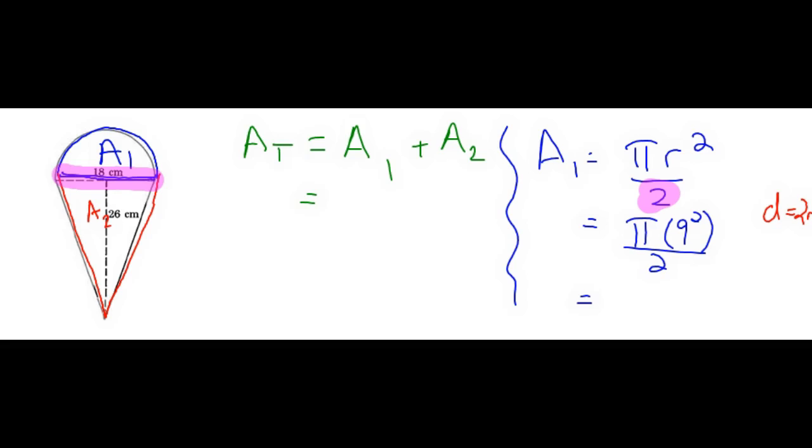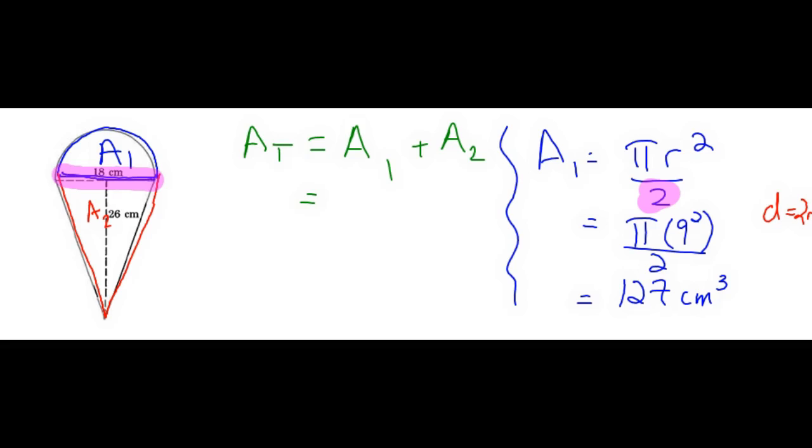So I'm going to go ahead and type that into my calculator to get an answer. Clean things up as I go. And I'm getting approximately 127 square centimeters as my answer.